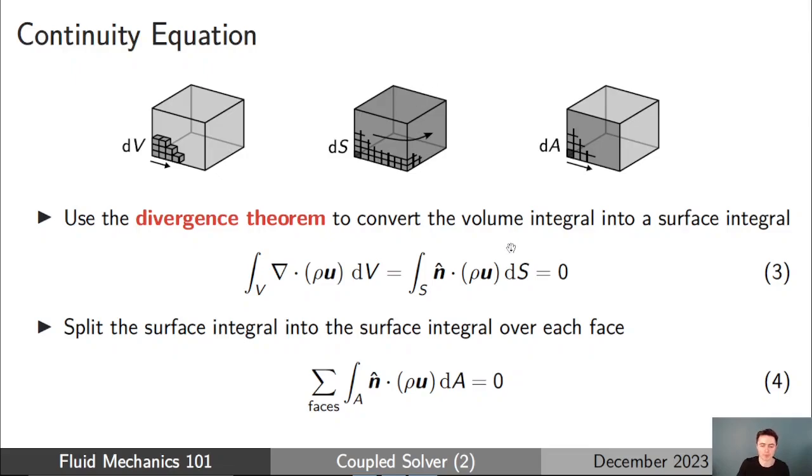It's a polygon. And so rather than having the integral over the entire continuous surface, we can just split that into the surface integral over each of the faces of the cell in turn and sum them together. So that's why we can go from equation 3 to equation 4. We're just saying instead of integrating over the surface, let's integrate over each of the faces and then add them up.